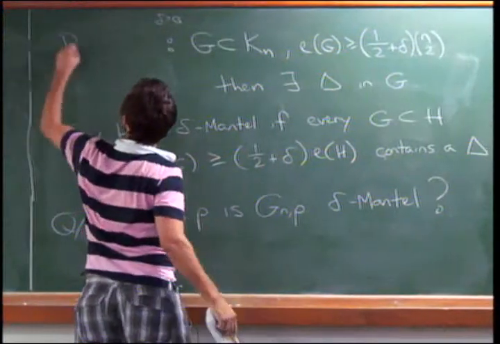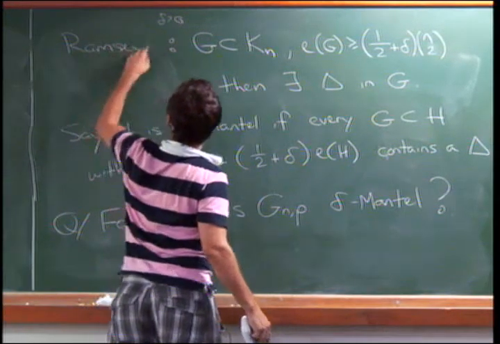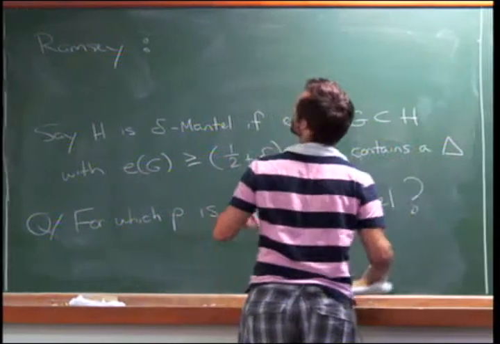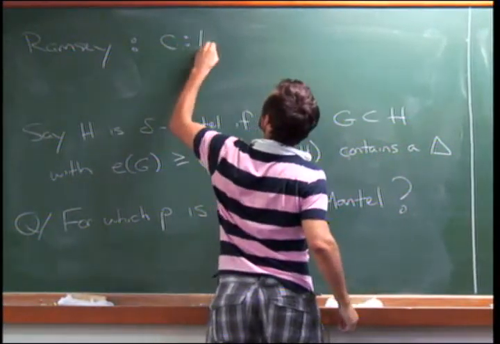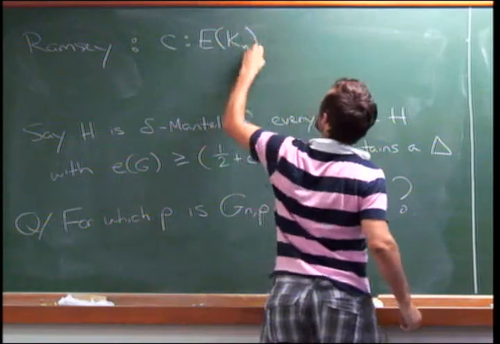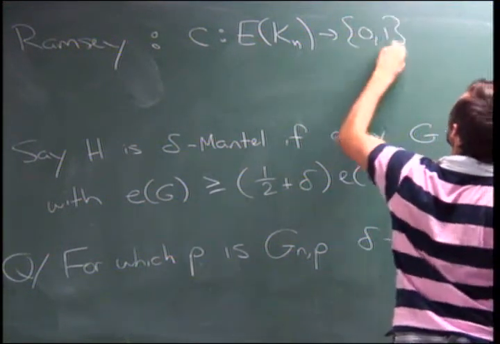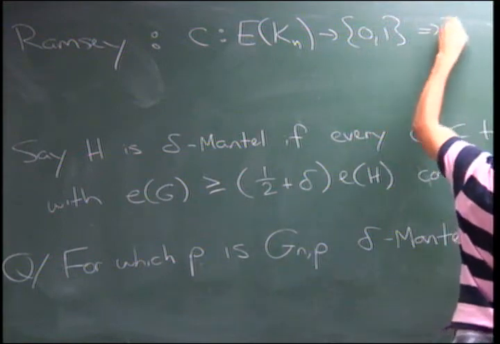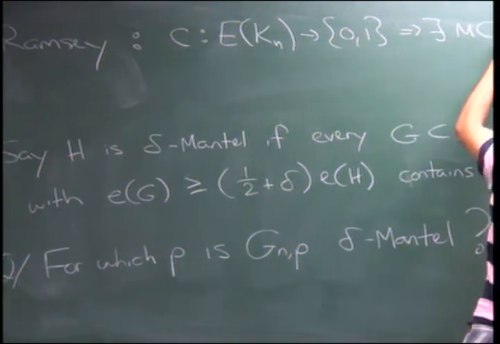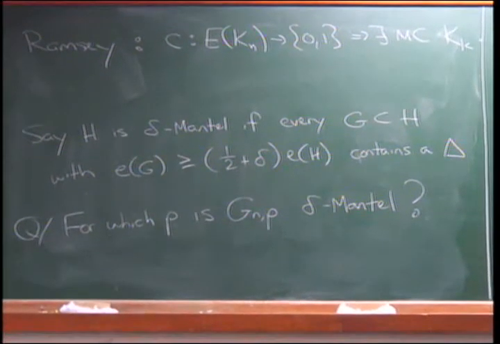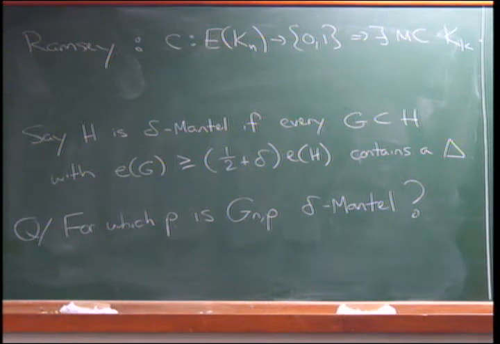So Ramsey says that if you have a colouring from the edges of K_n to, let's say, 0, 1, there exists a monochromatic K_k. This is what the two-colour finite Ramsey theorem says.